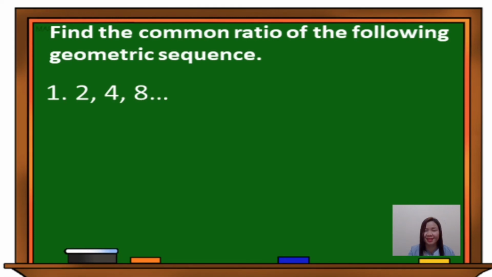Okay, and now the answer is r equals 2. To refresh your mind, to get the common ratio, just divide. 8 divided by 4 is 2, 4 divided by 2 is 2.